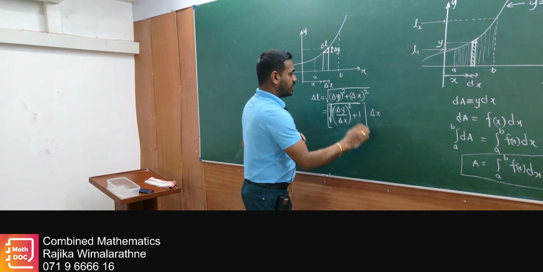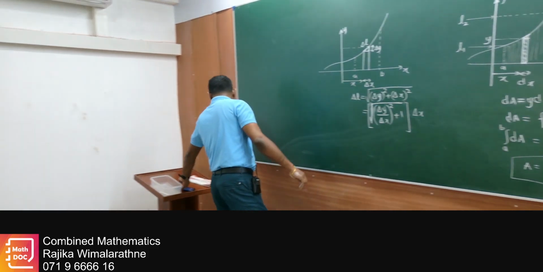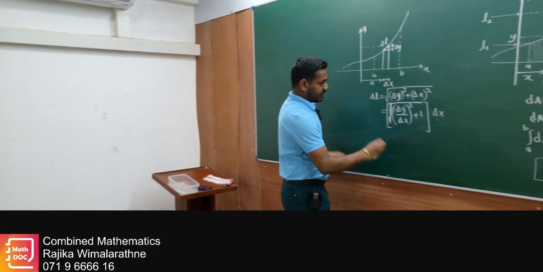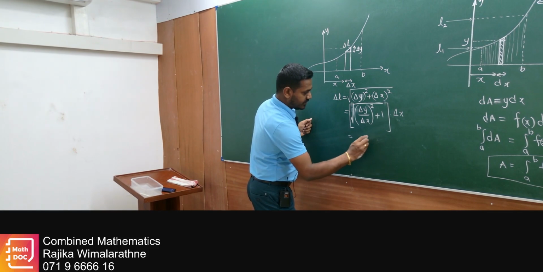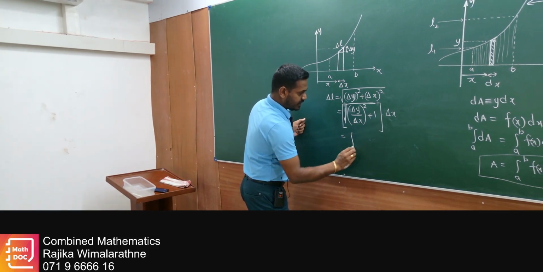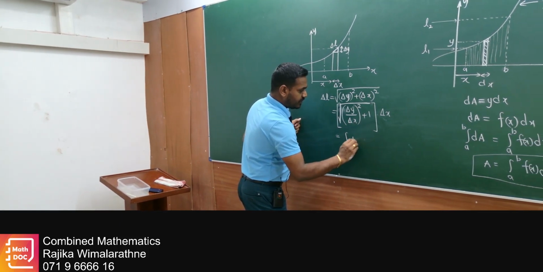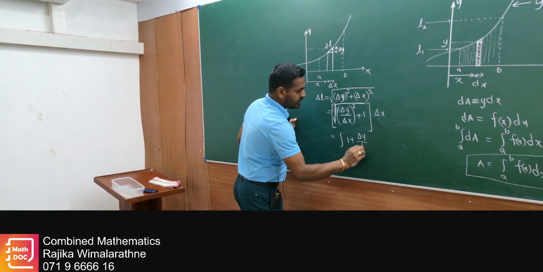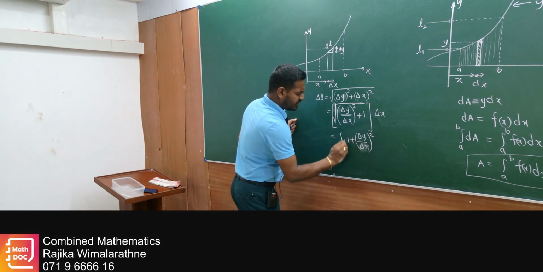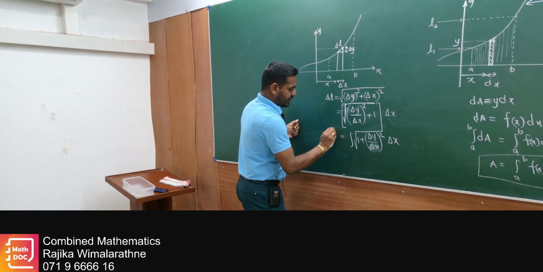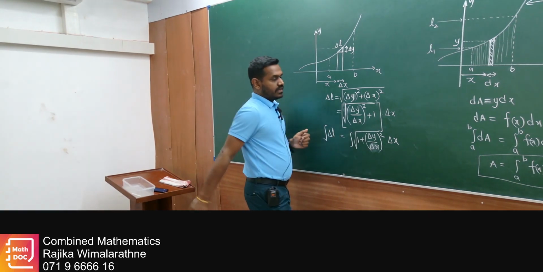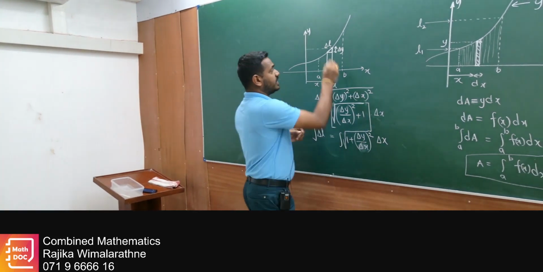Now further, take delta x and put the integral: the integral of the square root of 1 plus (delta y over delta x) squared, times delta x, gives delta L. Usually delta x means length.